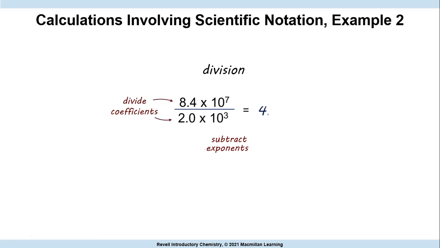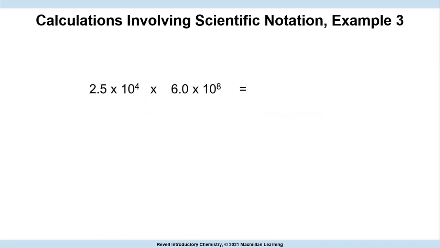So that is going to give us 4.2 if we divide the coefficients. And now if we subtract the exponents, that is 7 minus 3, that is going to be 4.2 times 10 raised to the power 4. So that is how you do the calculations involving division.